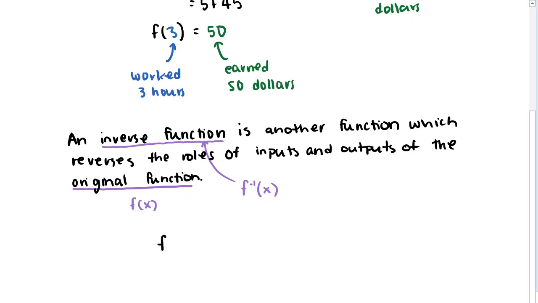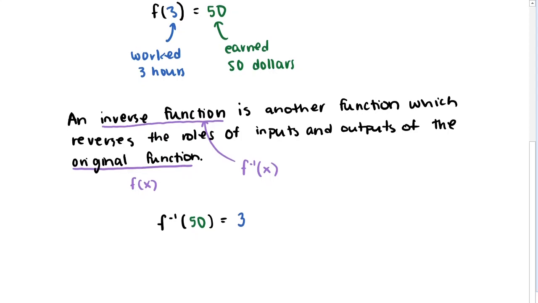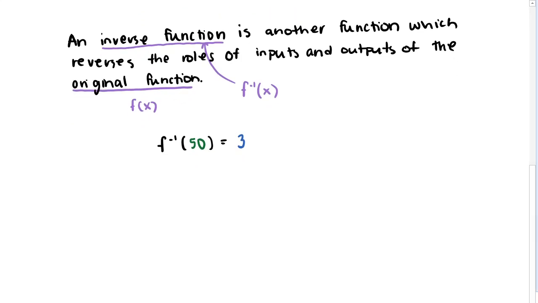It's going to take an input of 50, the output of our original function, and it should take that to an output of 3, the input of our original function. In this case, I'm not going to really dig into how I come up with this function, and that's not really a main topic of this course, but for this particular function, the inverse function is x minus 5 all over 15.